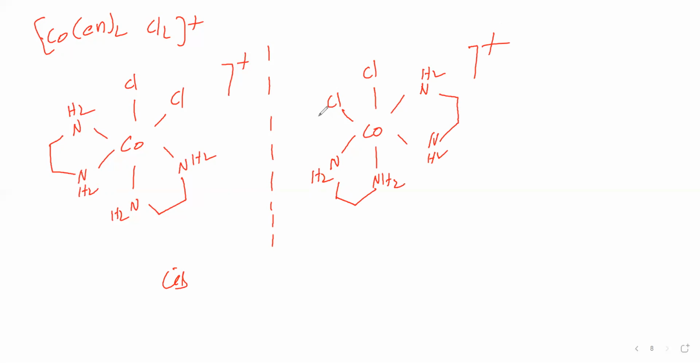Here Cl is adjacent to this Cl, therefore it is also cis. Are they superimposable or not? That we will see. First rotate this mirror image such that this Cl and this Cl superimpose over this. Then you see the rest of the things. If the rest of the things superimpose, then we say superimposable, otherwise non-superimposable. Okay.